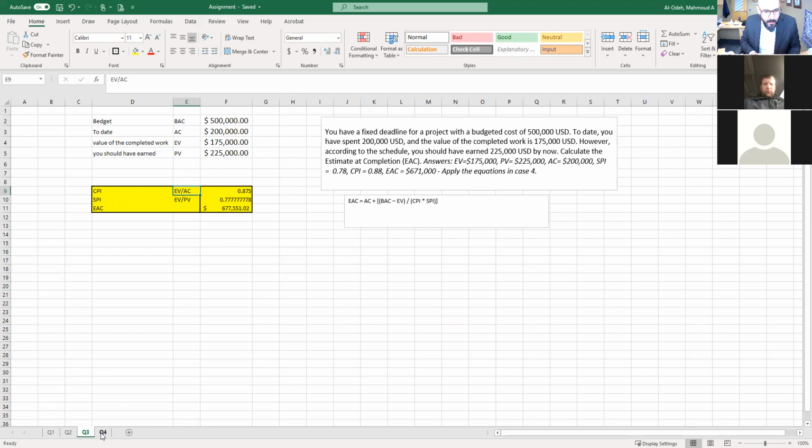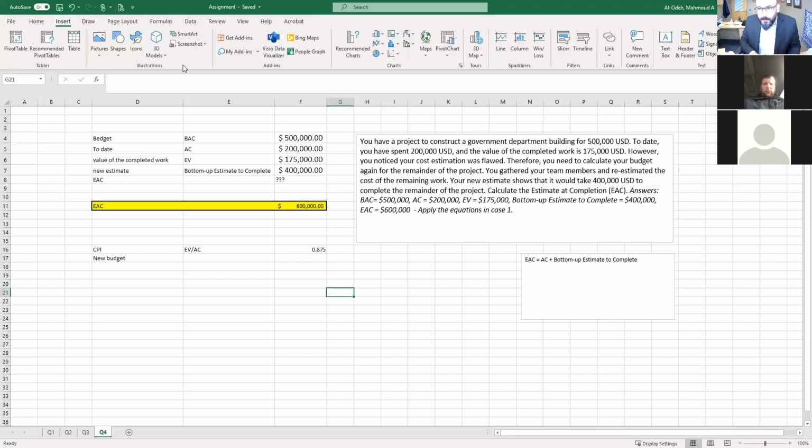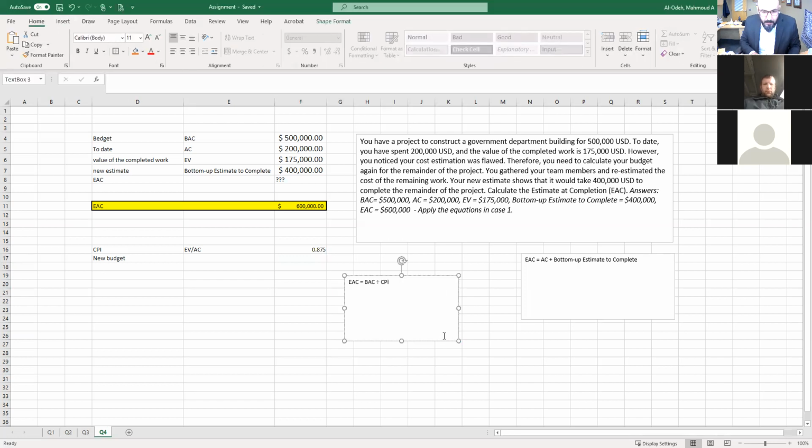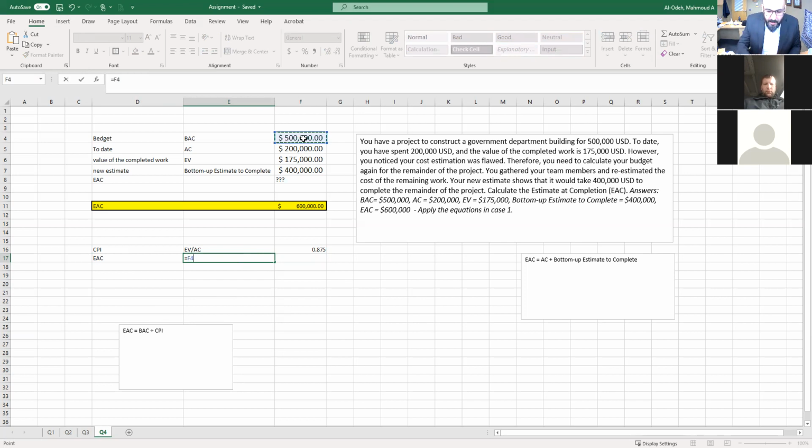In order to find the new budget, which equation will we use? I'll bring it from the slides here in just a second. We will use this equation here. EAC would be the BAC divided by the CPI, the 0.87.